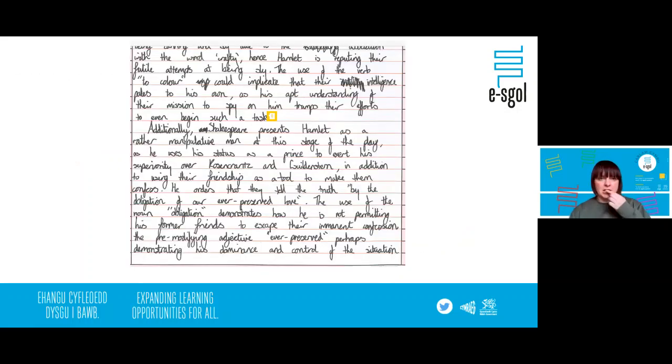Continues then, the use of the verb to colour could implicate that their intelligence pales to his own, as his apt understanding of their mission to spy on him trumps their efforts to even begin such a task.